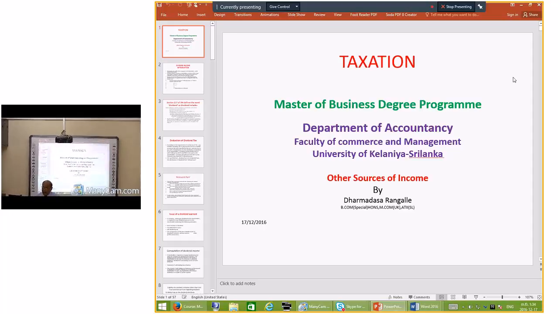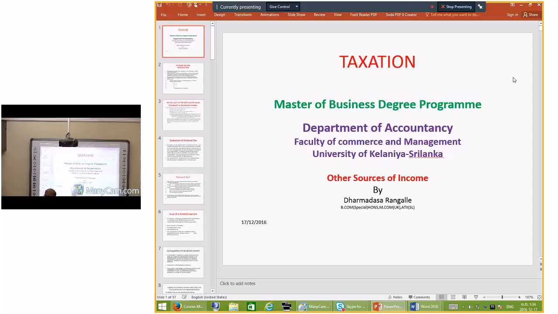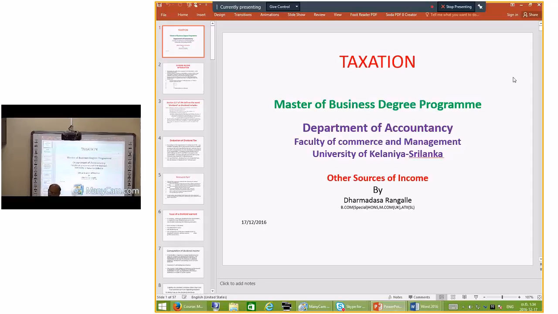But for interest income, there is no separate section describing how to compute the interest income of the individual. As far as interest income is a source of income chargeable under section 3E, no deductions are allowed. That is dealt with in section 25(4) of the Inland Revenue Act.